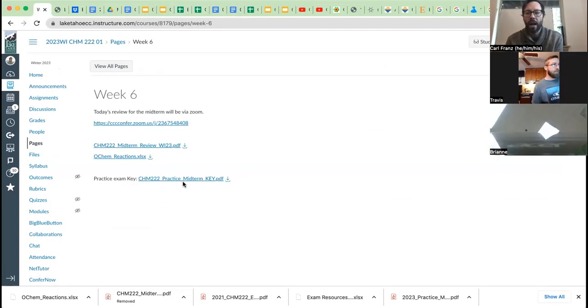And then also, I have uploaded the midterm practice key with all the answers. So what I suggest is that you continue to practice this exam, fill it all out, and then check your answers and see how you do. The exam itself on Thursday is going to be the exact same format as this, with just slightly different molecules.